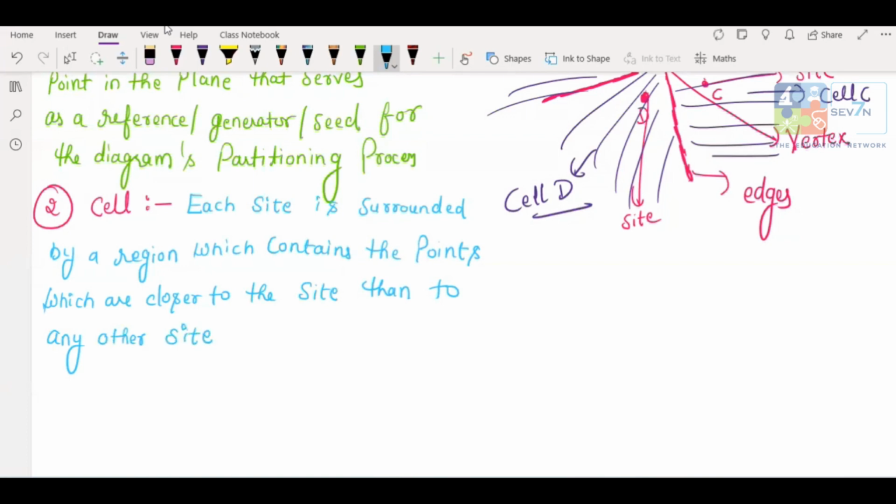You can read this definition. Each site is surrounded by a region which contains the points which are closer to the site than to any other site.